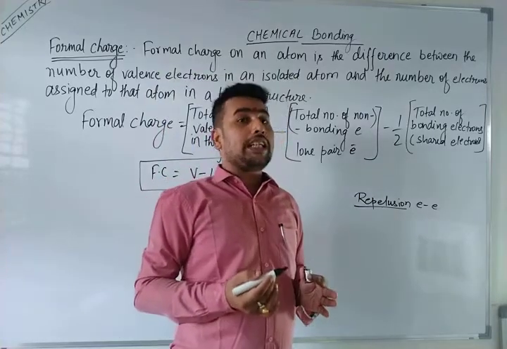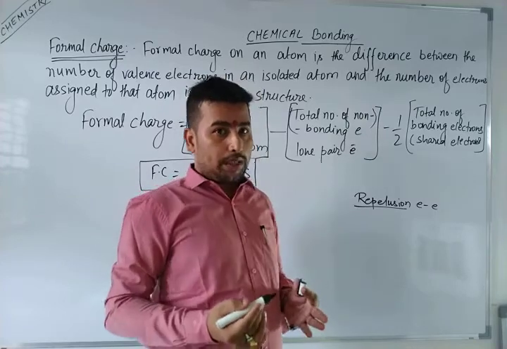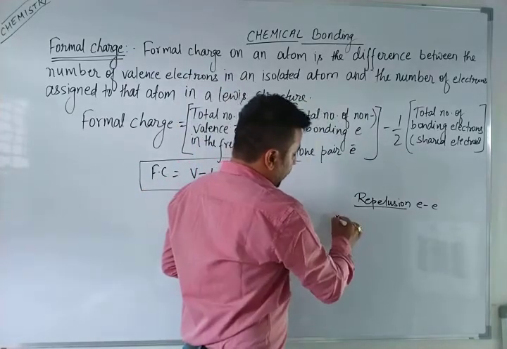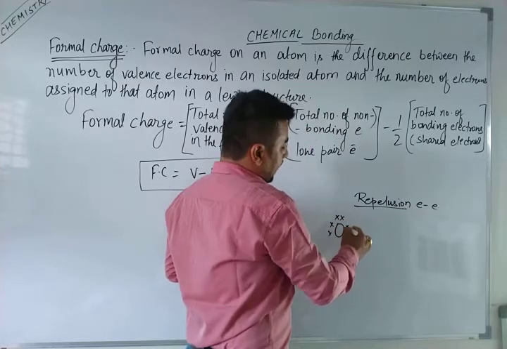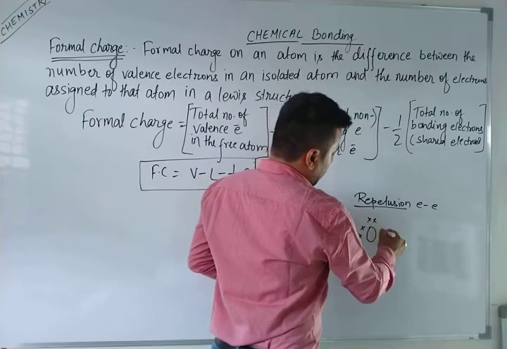So now the question is, in which conditions will there be more and more repulsion? Just talk about oxygen. There are a total of 6 valence electrons of oxygen. Just suppose here there are 2 and here 4.